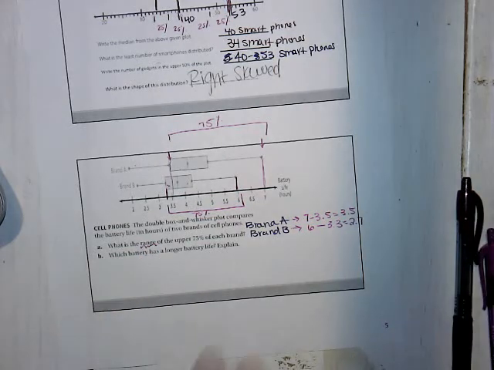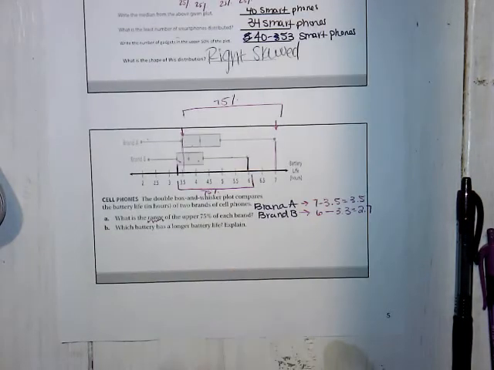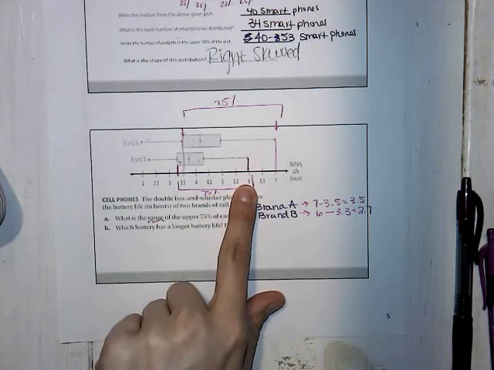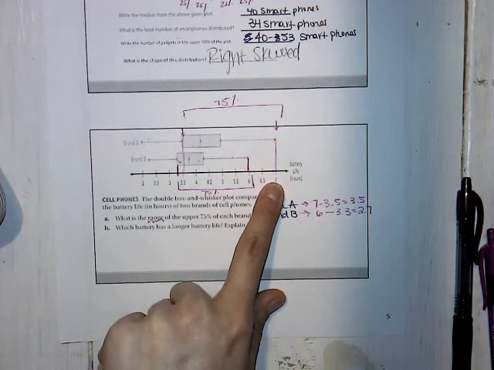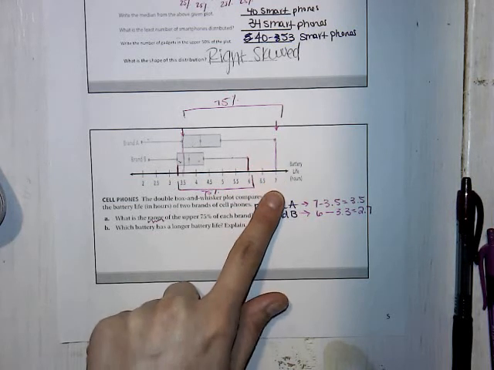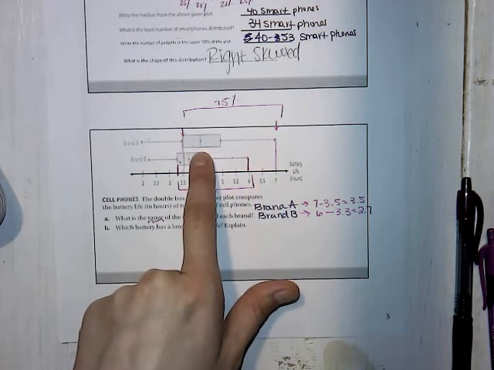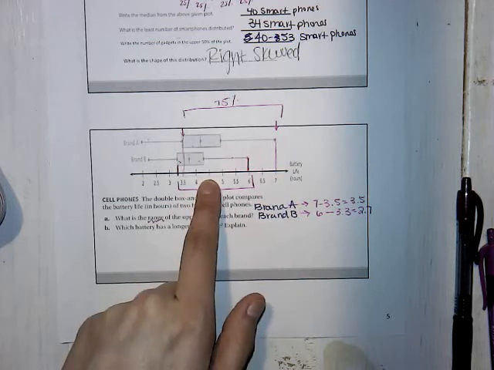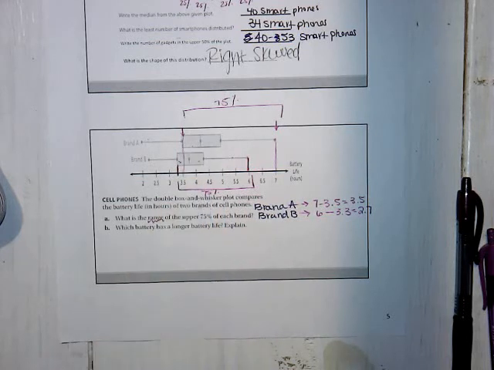So which battery life has a longer life? And you're going to explain. So I would look at this a couple of ways here. So this is the number of hours. You'll see that the highest point for brand B is 6 and the highest for brand A is 7. So that makes me think brand A has a higher one. You'll also notice that the median is higher for brand A than brand B, which makes me also think that more of that data is there as well.